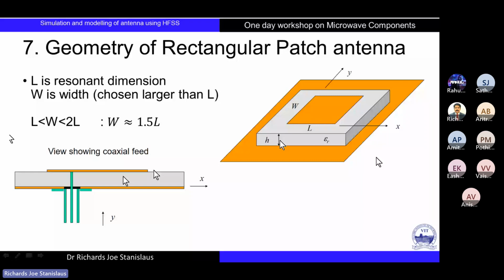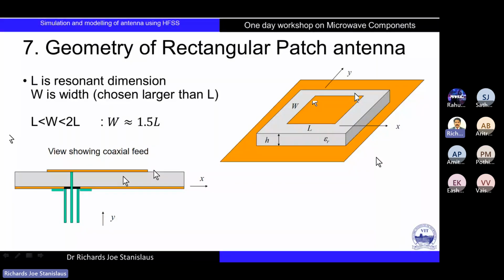And the top rectangular sheet is basically the microstrip patch antenna. So we have a metal below, then a dielectric, and a metal on top. The cross section is going to look something like this.